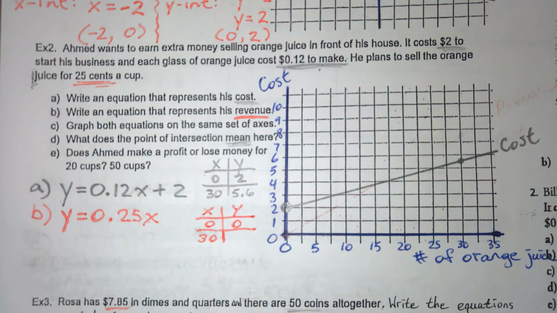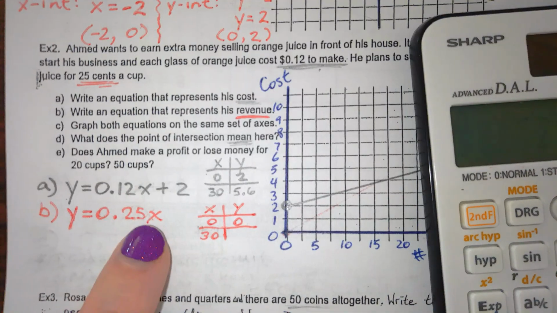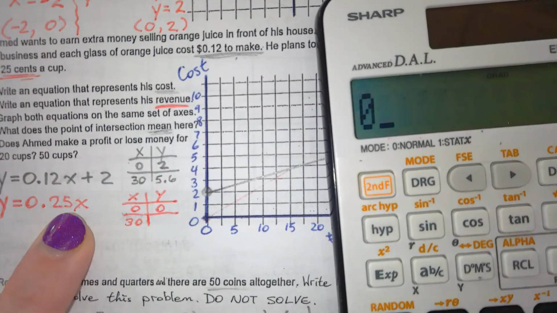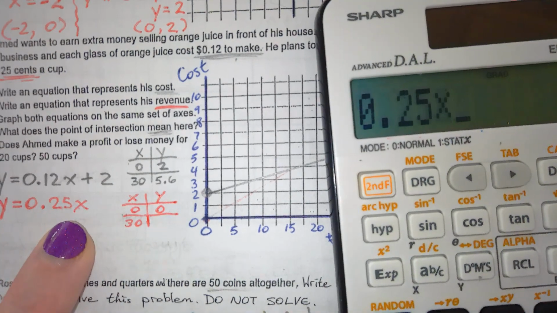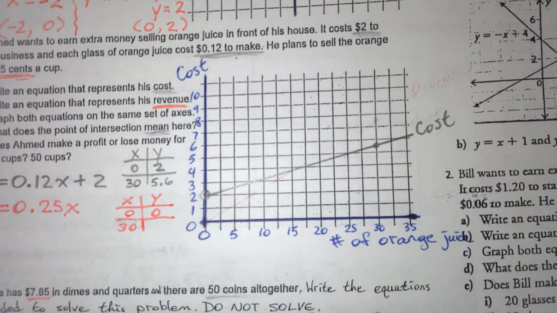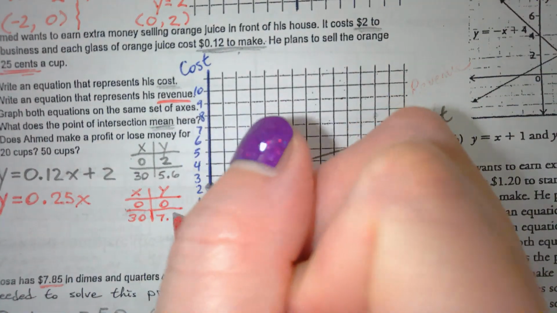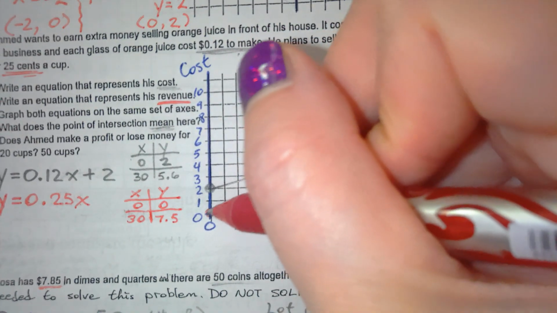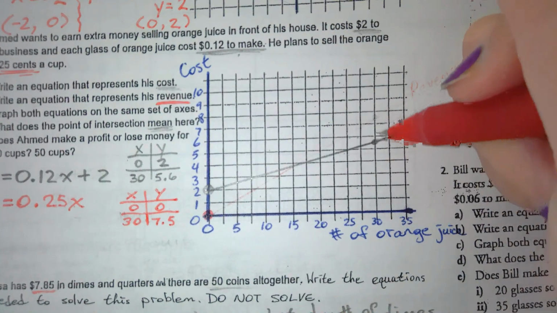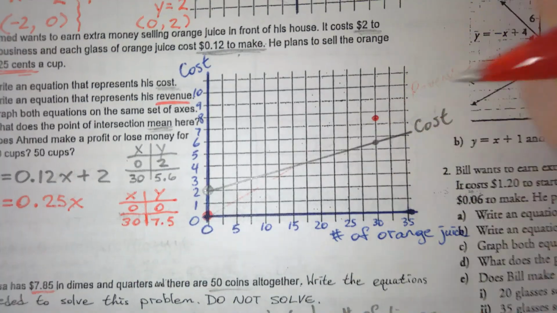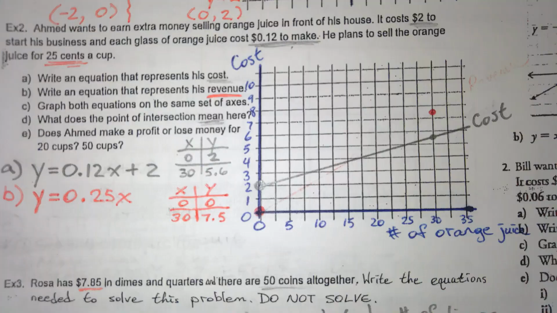Okay, let's say I put a lot of sugar in those orange juice. So sub in 30 in here. 0.25 times 30, I get 750. And so I get my first point, 0, 0, and I get my second point at 30 and 750.